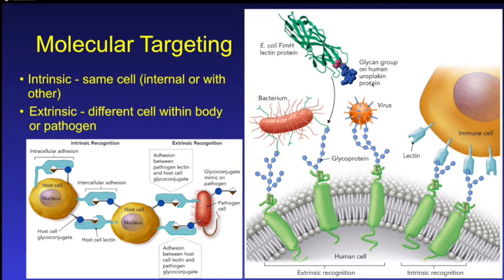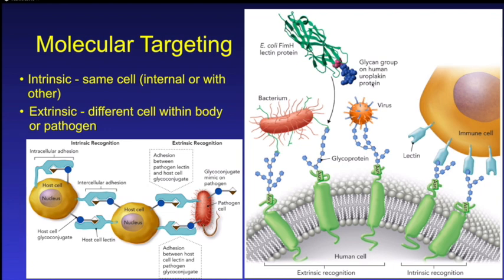You can present the sugar on the outside of one cell, and another cell may present a protein that binds to that sugar. As you present and bind, you create integrity or adhesion between the two cells. And so you can have intercellular adhesion.